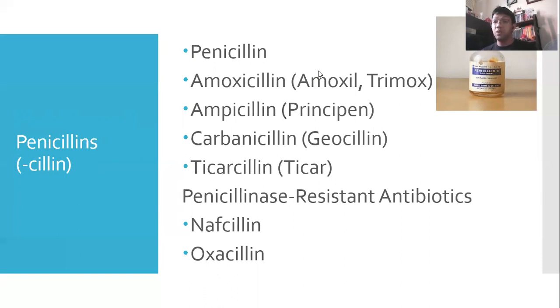They have evolved to resist penicillins, and they start producing penicillinase. Penicillinase is an enzyme produced by bacteria to counter the penicillins. Now, since humans are smarter than bacteria, humans have invented penicillinase resistant antibiotics such as nafcillin and oxacillin.